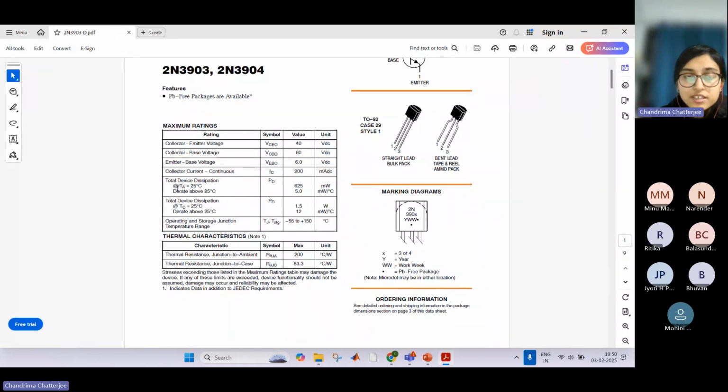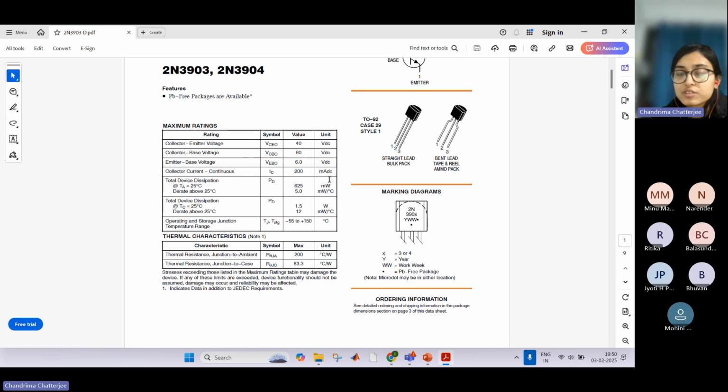They have also given the dissipation at an ambient temperature of 25 degrees Celsius. This is the power dissipation rating, which is 625 milliwatt. Derate above means if the temperature goes above 25 degrees Celsius, you can't keep on dissipating this much power.